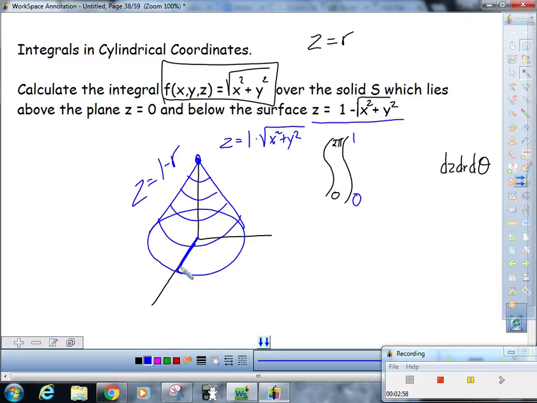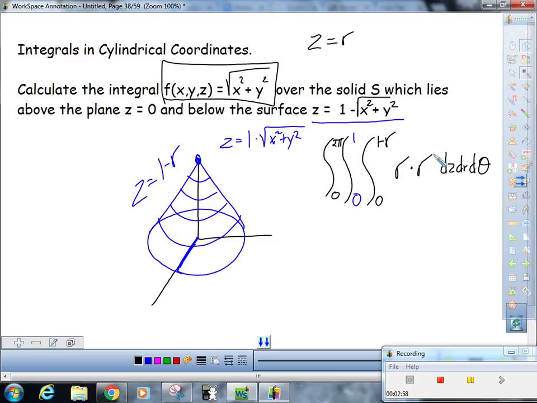And very nicely, z starts at the plane z equals 0, and it goes to now just 1 minus r. Okay? Our height is r. But then we still have our Jacobian or our factor, and for this one I'll tell you it's still just r. Okay? Our factor is still just r. So that's what you do.